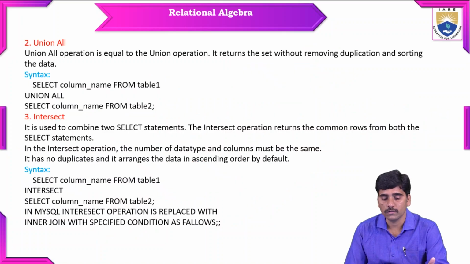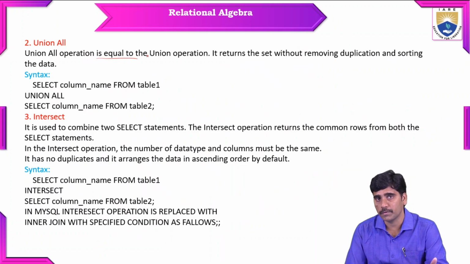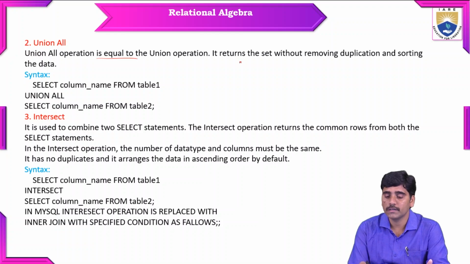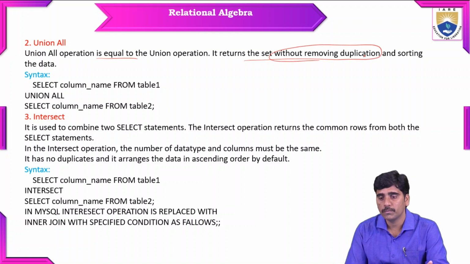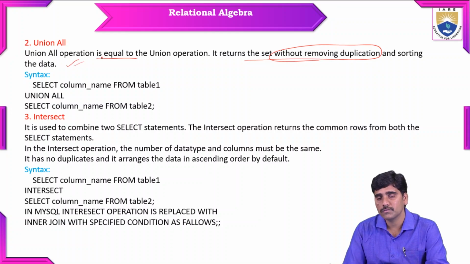Next is union all. The union all operation is almost equal to the union operation, but it returns the set without removing duplicates and sorting the data. Union displays the data from two tables excluding duplicates, but union all displays all the data with the duplicates also.